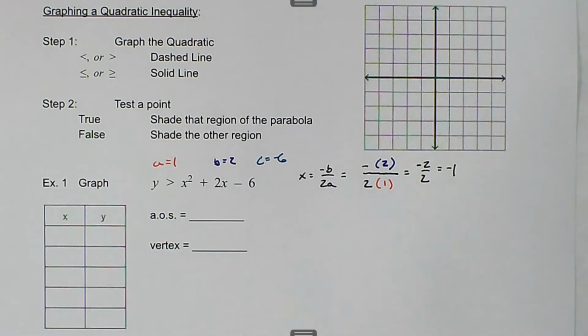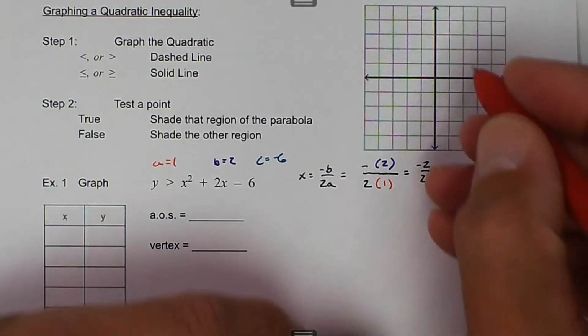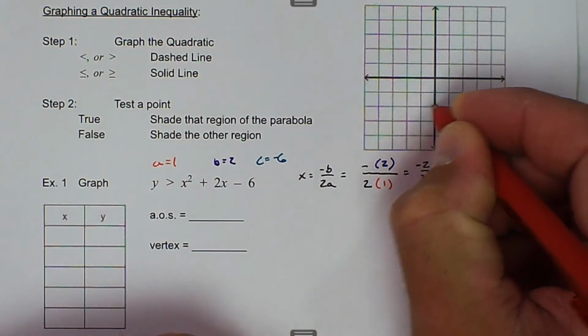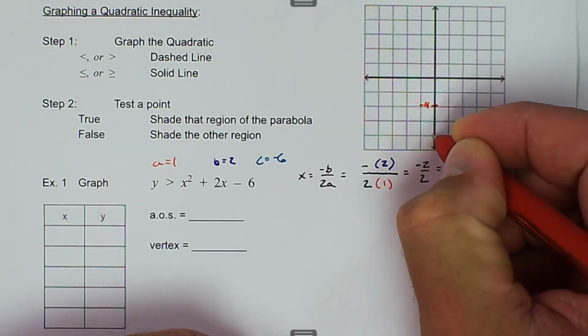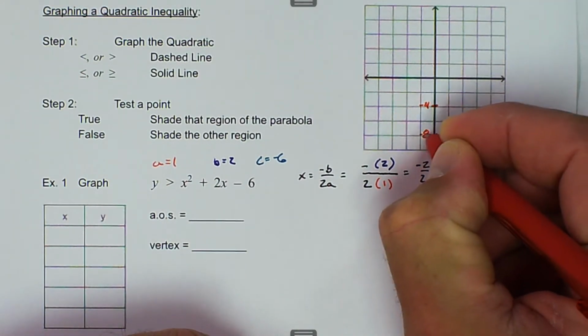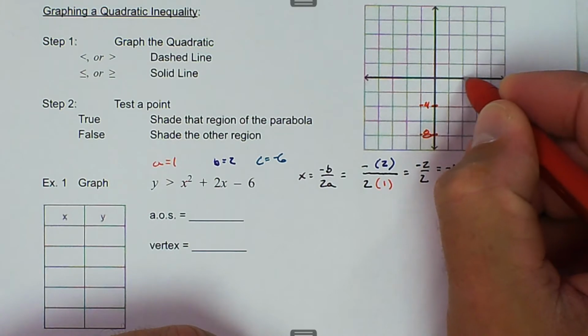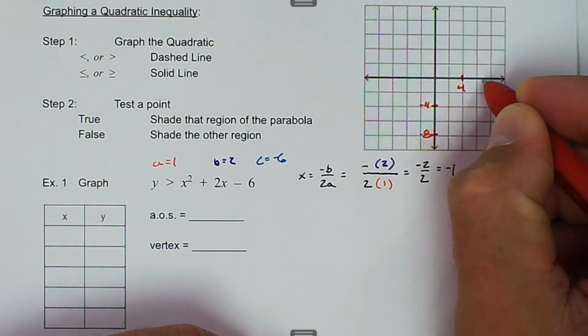We already said that we wanted to count by 2's, so that's what I'm going to do: 2, negative 4, 6, negative 8, 2, 4, 6, 8.